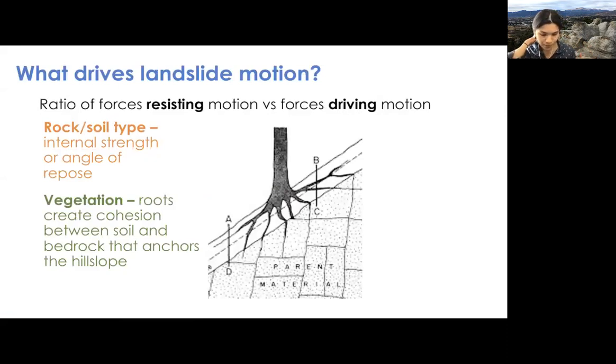In this example, we have an area of soil, which I've outlined in red here, and a tree with its roots penetrating through that soil and binding it into the deeper bedrock. This can add quite a significant amount of cohesion that allows that soil to stay on the hill slope, even if it is above the angle of internal strength.